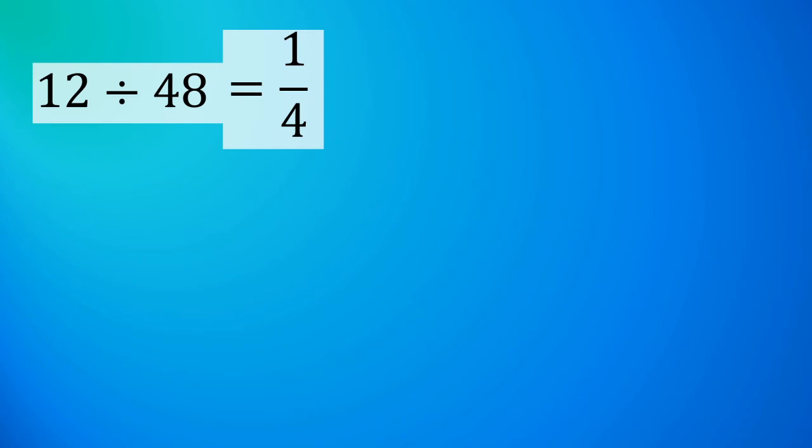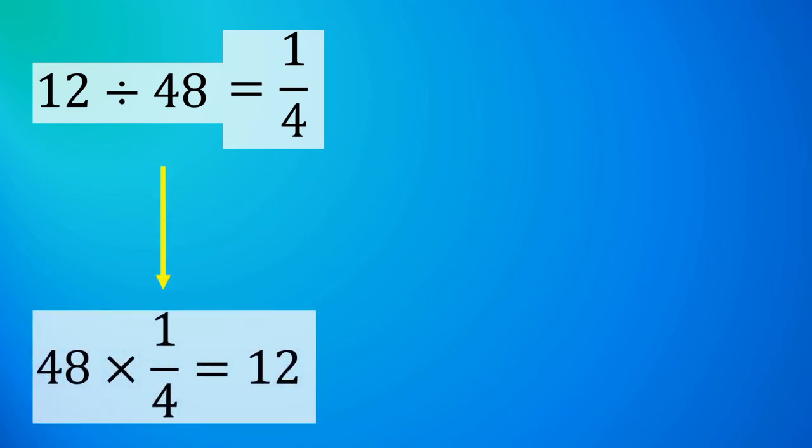Because of this equation, and because we know that division is the opposite of multiplication, this means that 48 times 1/4 is equal to 12. Because of this equation, and because of the commutative property, that property says that x times y is equal to y times x, where x is one number and y is yet another number.